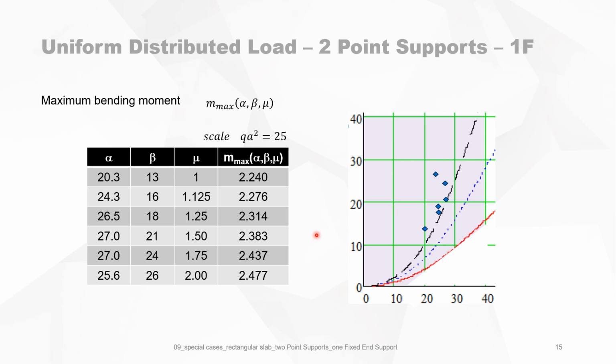Now, we check that this table is valid, because it's possible that the combination of those alphas and betas is not valid. So we plot those values here, and we see that we all stay on the left-hand side of the black curve. The black curve was for alpha equals 2. So we are confident that all those combinations are valid.